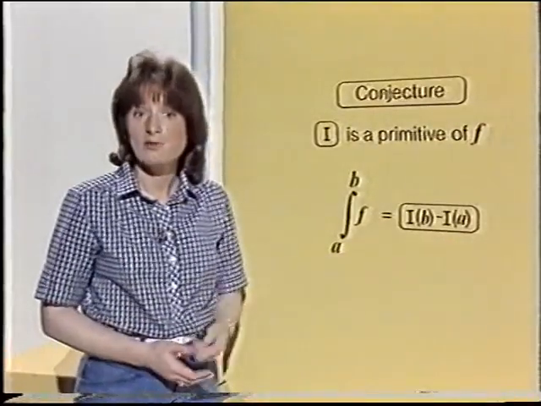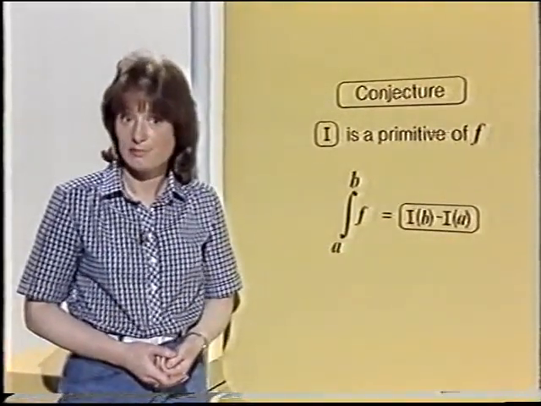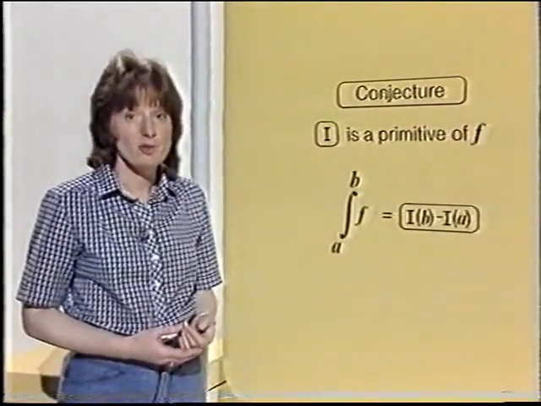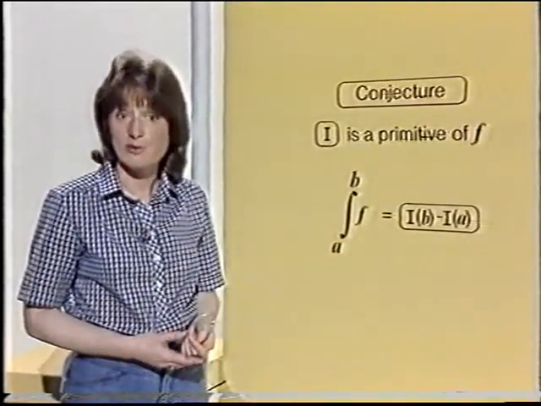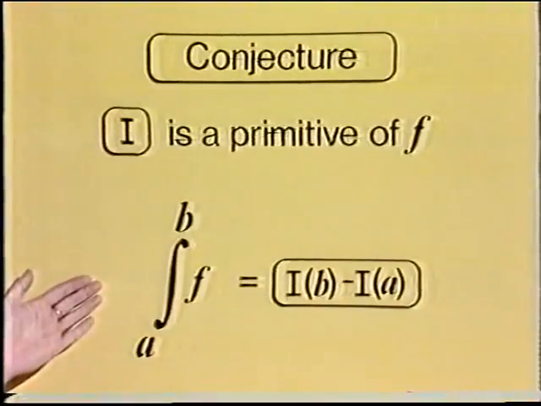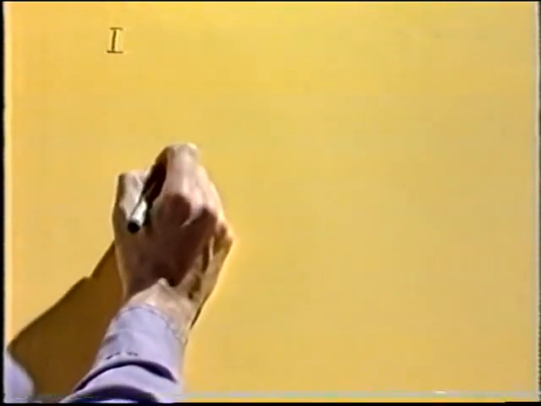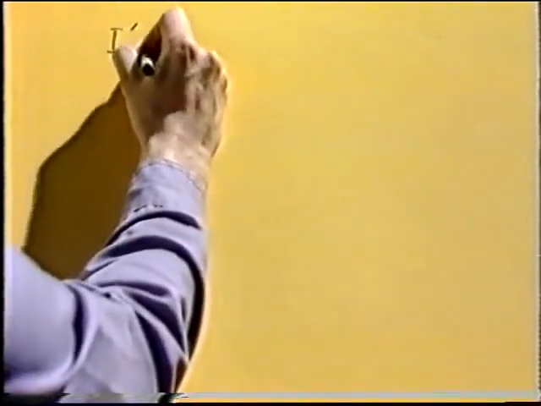But remember that a function has more than one primitive. Would this work for any primitive? In other words, if I replaced I with any primitive of f, would this still be true? Let's suppose I is our integral from 0 function. We know it's a primitive of f, so I prime equals f.